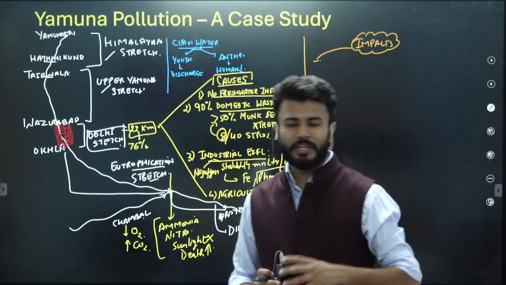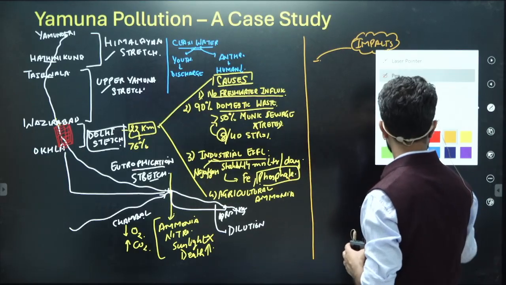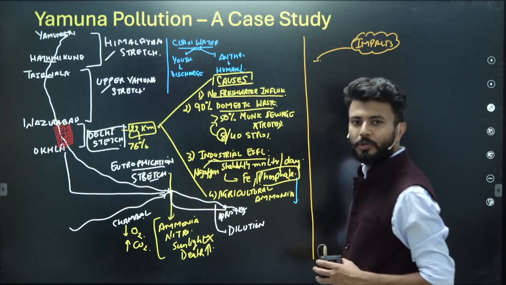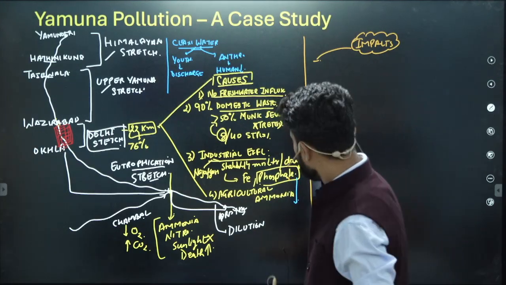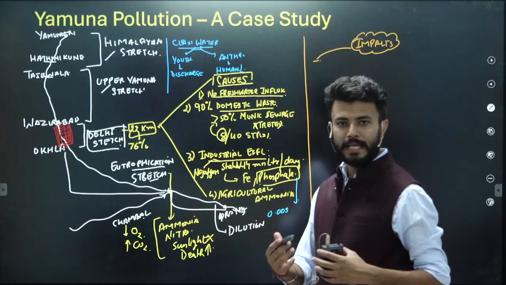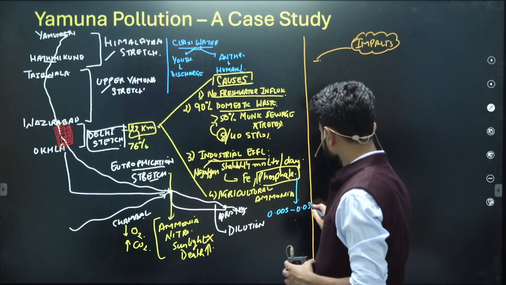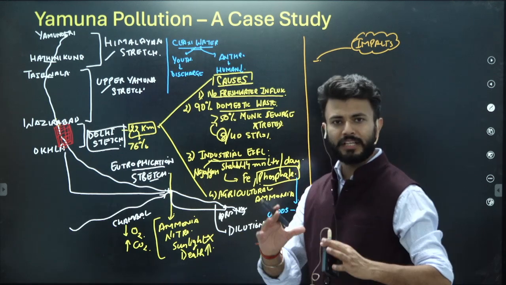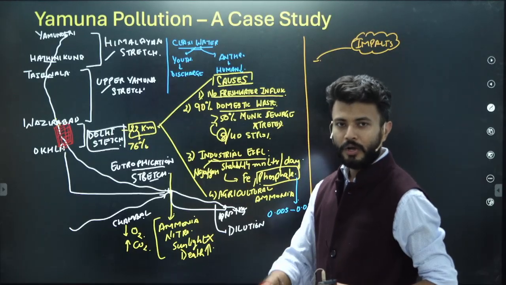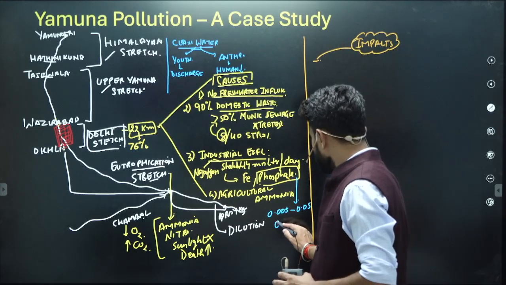According to WHO limits, for example for the phosphate pollution we talked about here, the recommended value allowed in river water is around 0.005 to 0.05 milligrams per liter. What is the value in river Yamuna? It is 0.5.